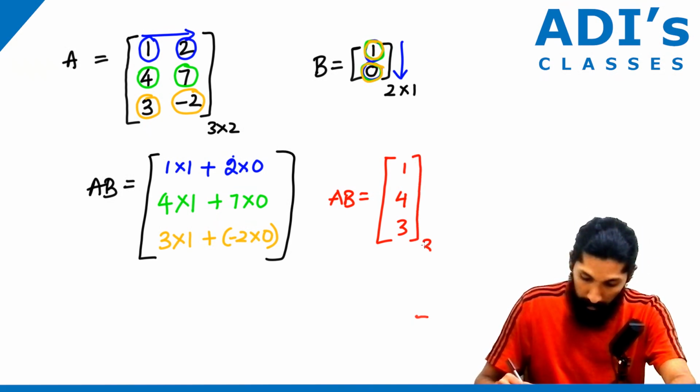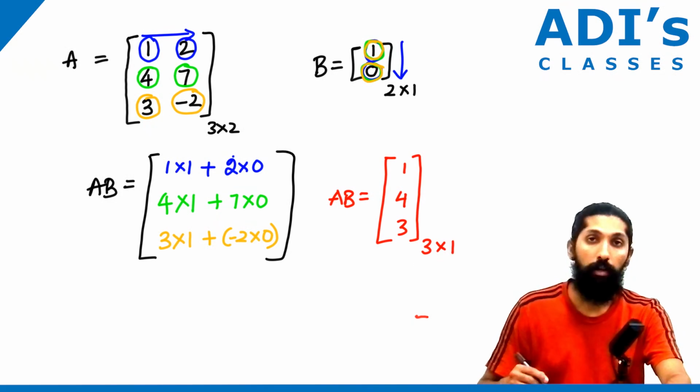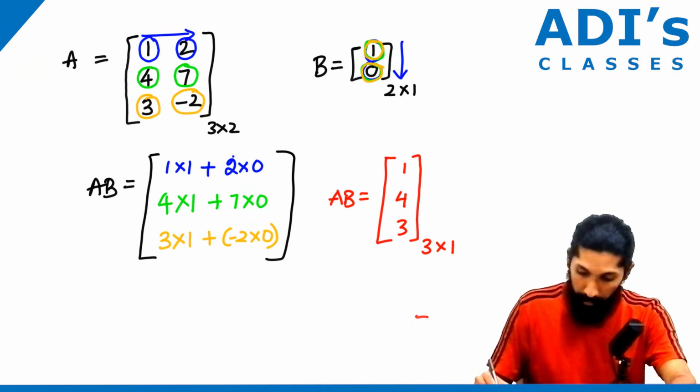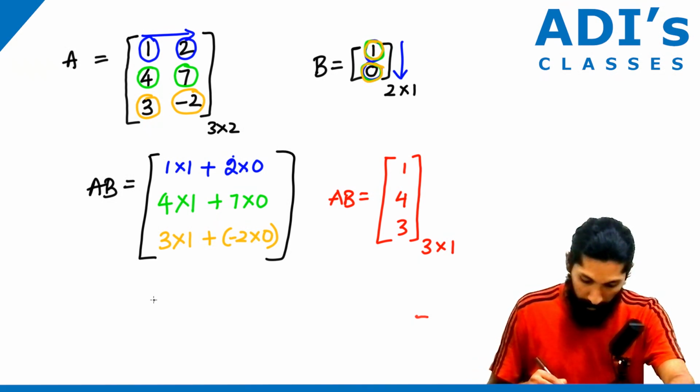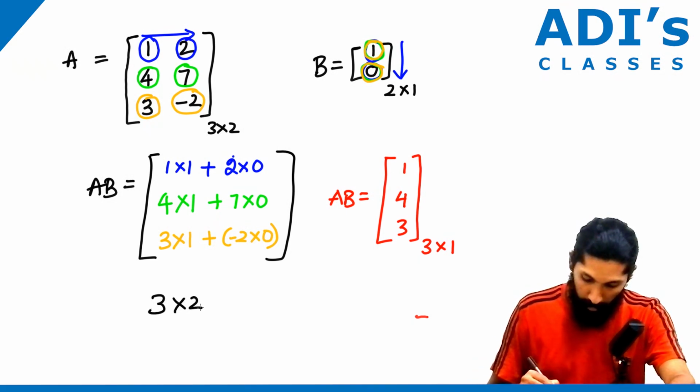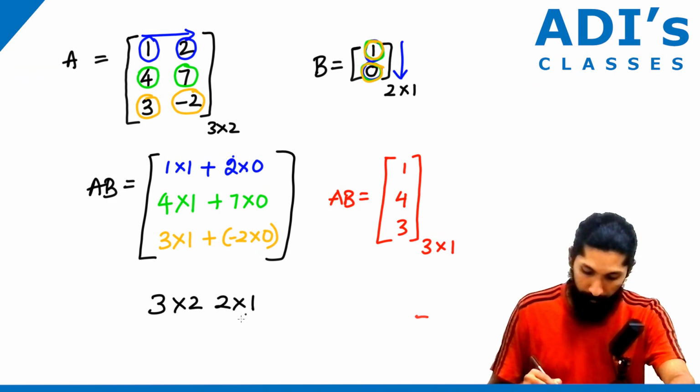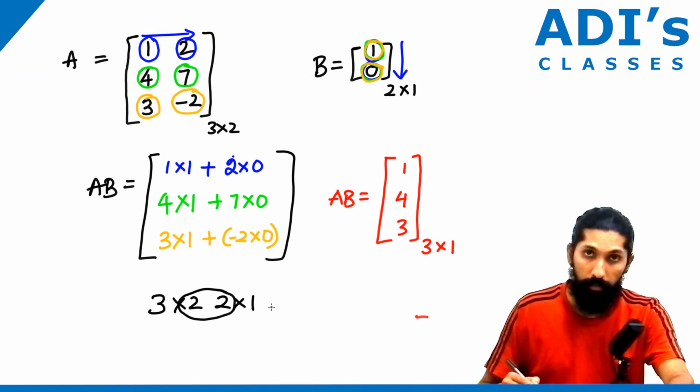Look at the order. Order is 3 cross 1. Now you need to understand that what we had was 3 cross 2 and 2 cross 1. These two are one and the same, correct? And look at the final part of it.